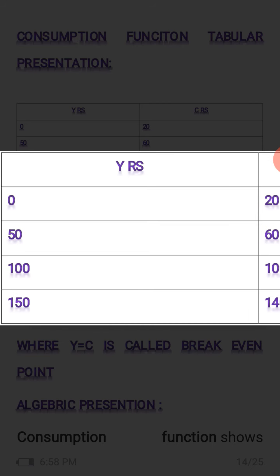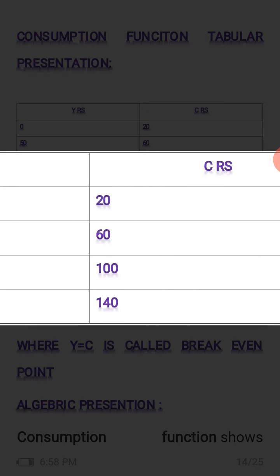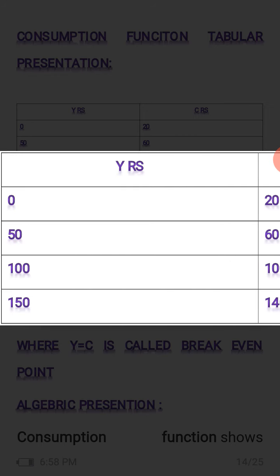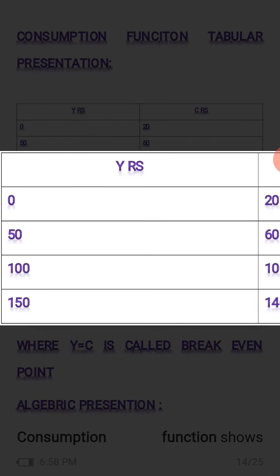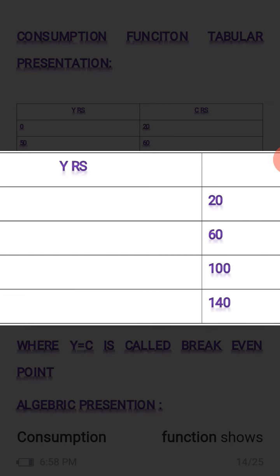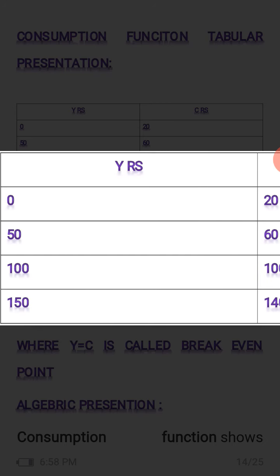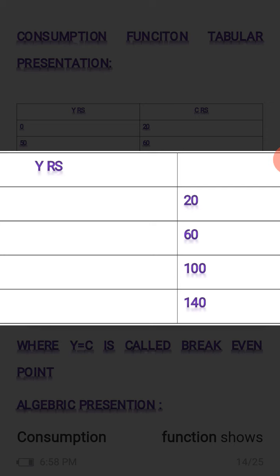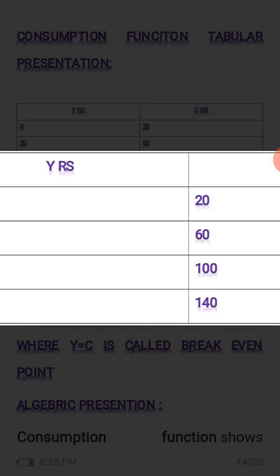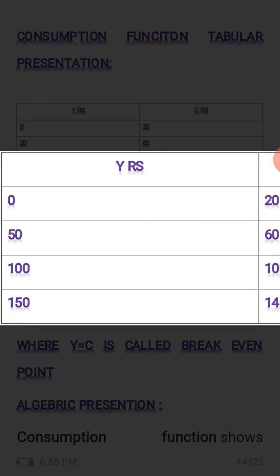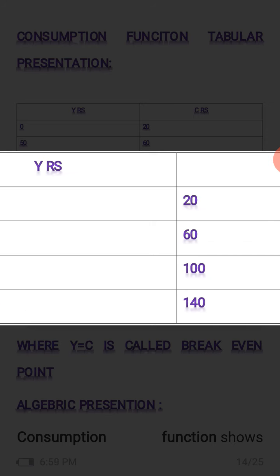When income is less than consumption, saving is 0, and when income is greater than consumption, saving becomes positive. When income and consumption are equal, saving is 0. That means if we have a 100 rupee note and we consume that 100 rupee note, then my saving is nothing. Understand?